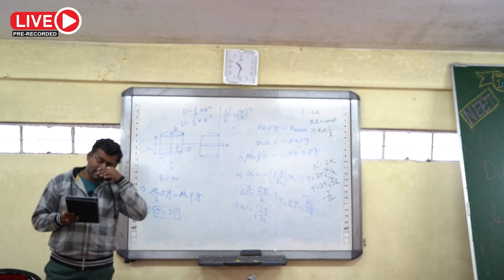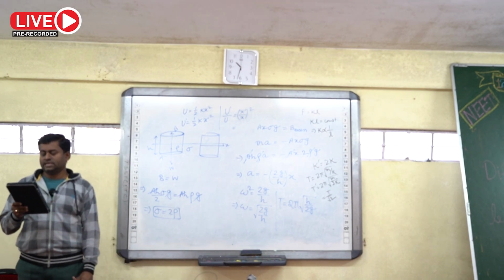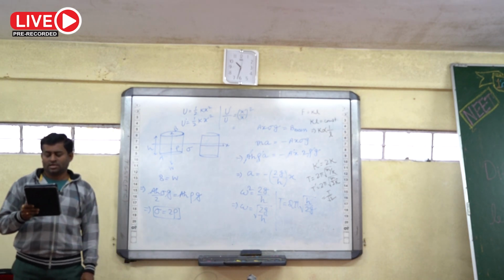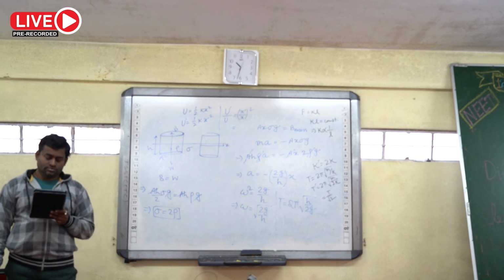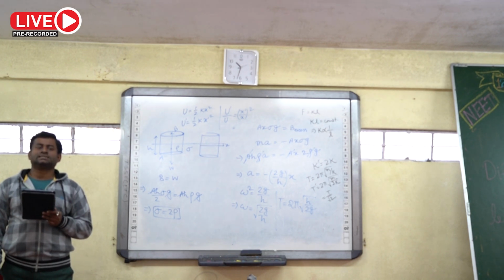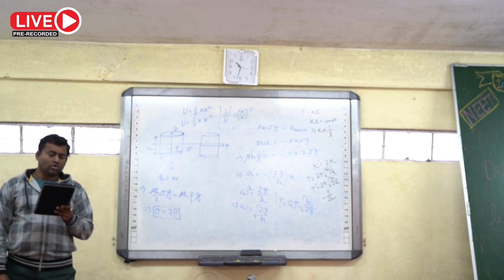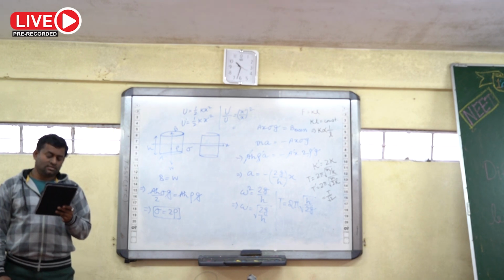A transverse wave is represented by y equals capital A sin(omega t minus kx).